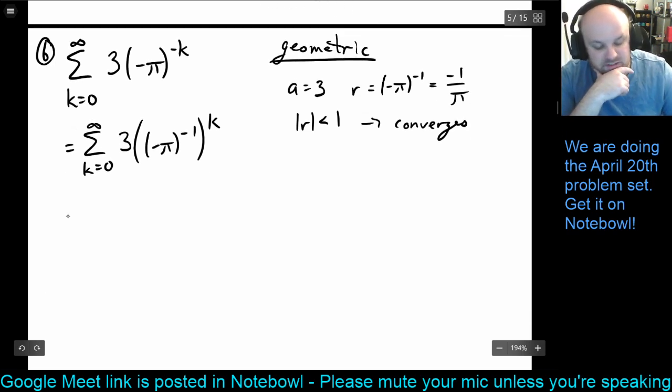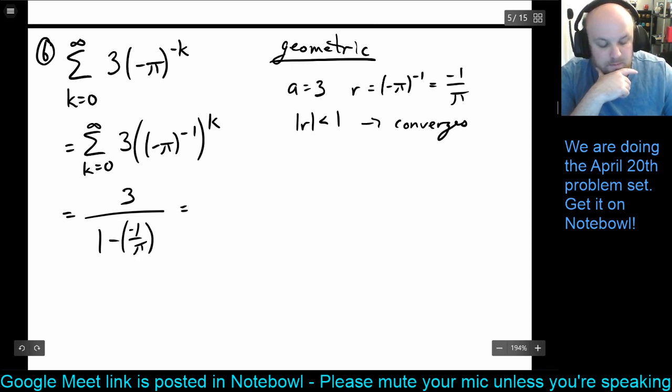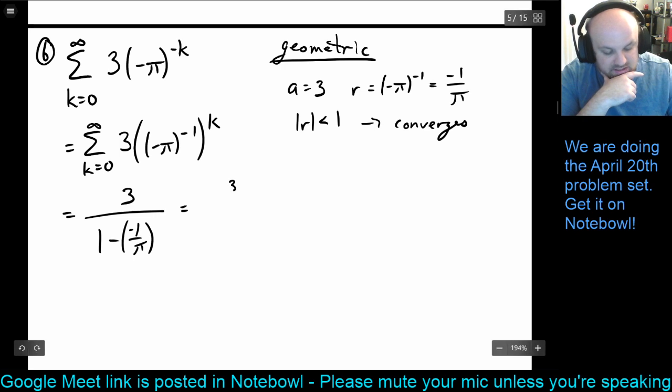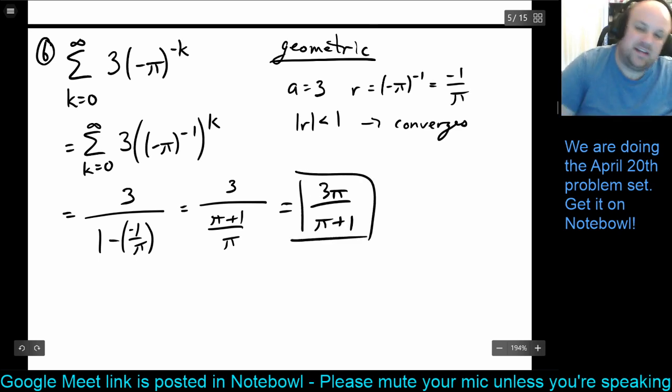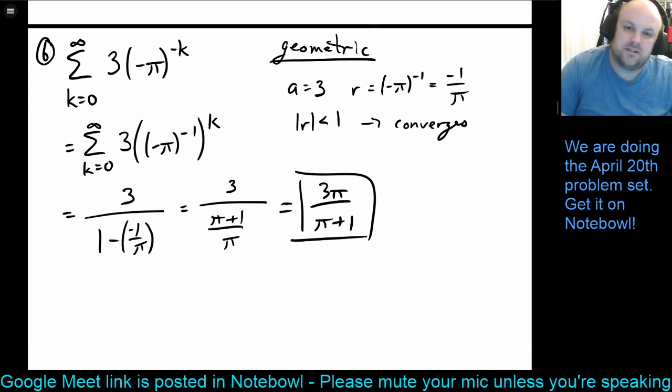Since that converges, we know this is going to be 3 over 1 minus negative 1 over pi, which is 3 over pi plus 1 over pi, so 3 pi over pi plus 1. And that's what that adds up to. Right. Any questions there?